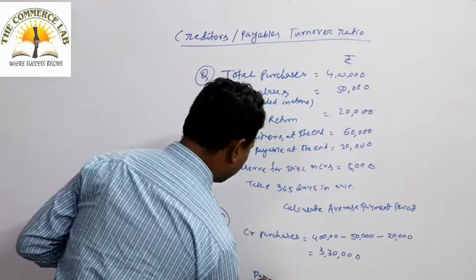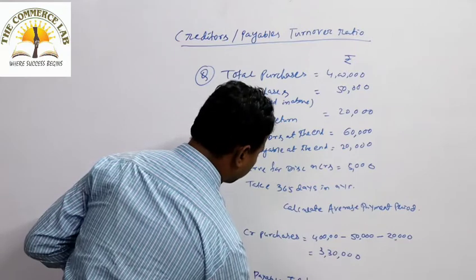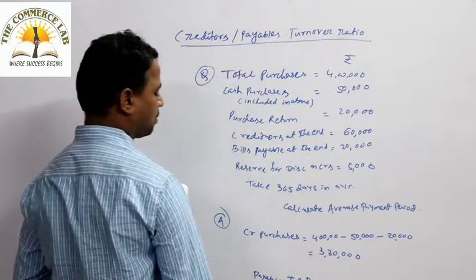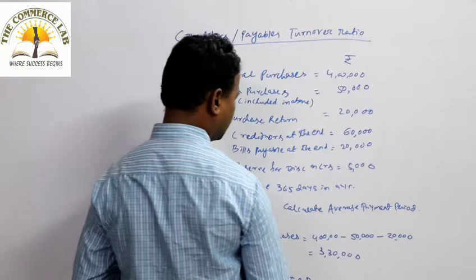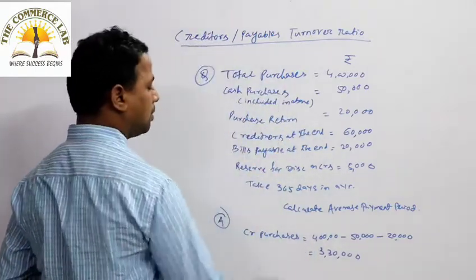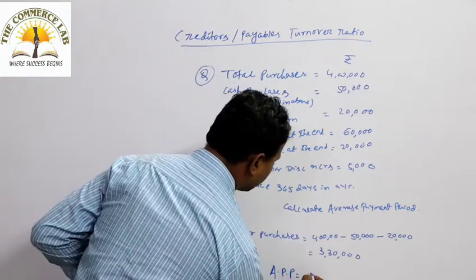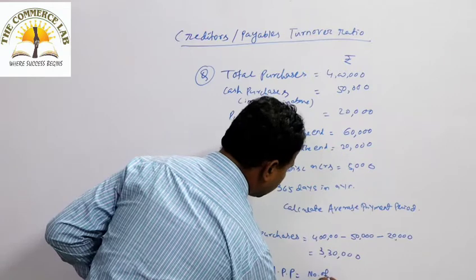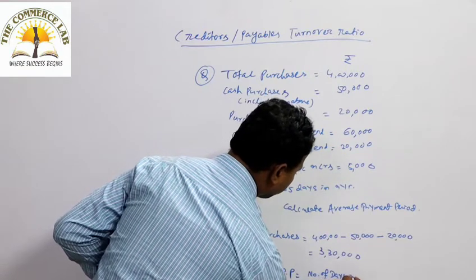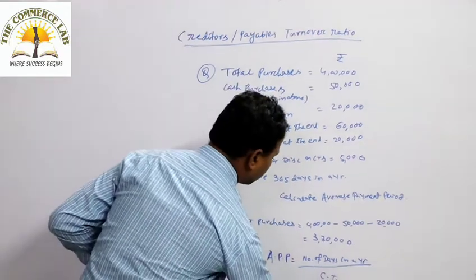Then how to calculate the payable turnover ratio, or we can say creditor turnover ratio? Why are we calculating it? Because the formula for average payment period is equal to number of days in a year divided by creditor turnover ratio.